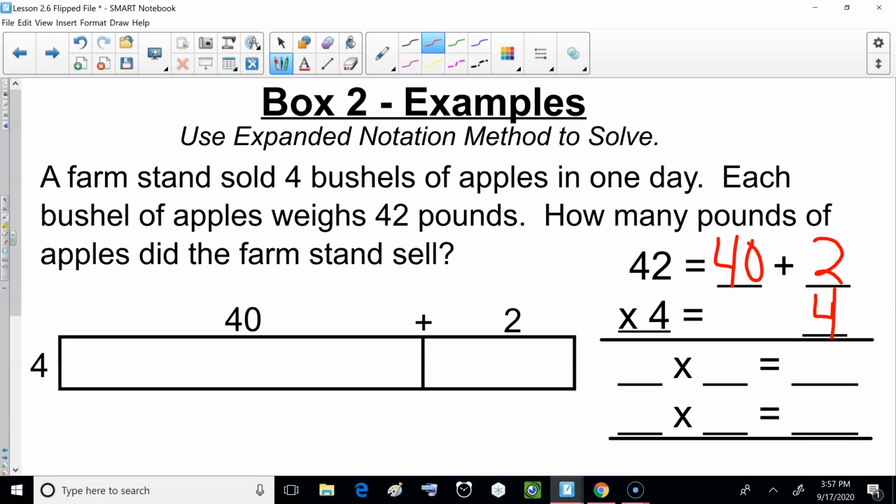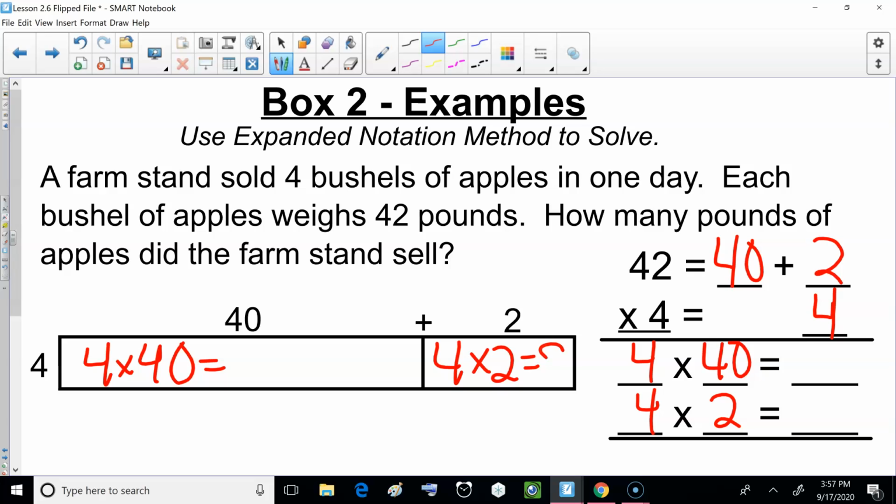In our area model, we take 4 times 40 equals something, and 4 times 2. Well, if we break apart the 42 and multiply, we know it's 4 times 40 and 4 times 2. So we can do the same thing by breaking apart the number in the expanded notation form and multiplying the 4 by each of the numbers.